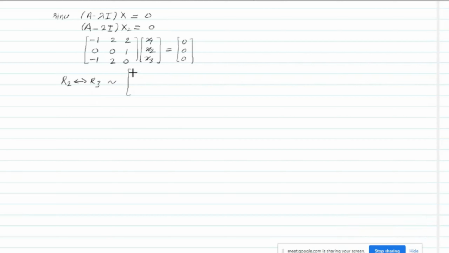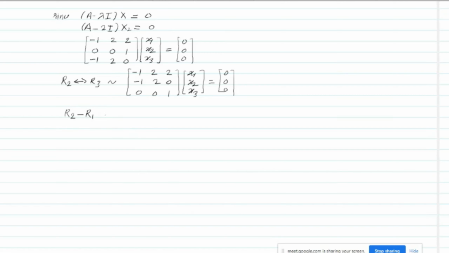Your matrix will be minus 1, 2, 2, then 0, 0, 1, and so on, into x1, x2, x3, and this is equal to the null matrix 0, 0, 0. Now we want to make this element 0. For this, what do I have to do? R2 minus R1, then this will be 0.